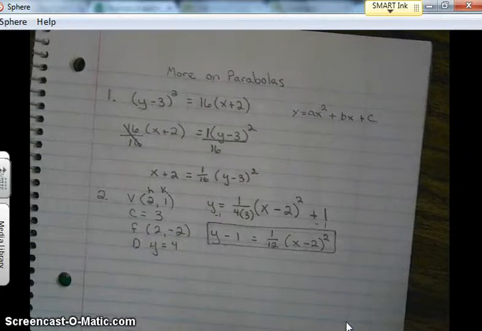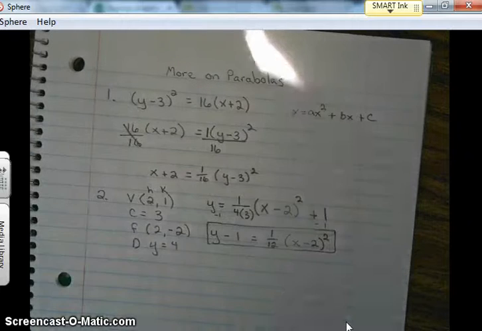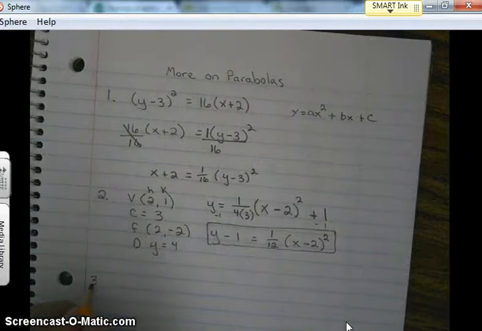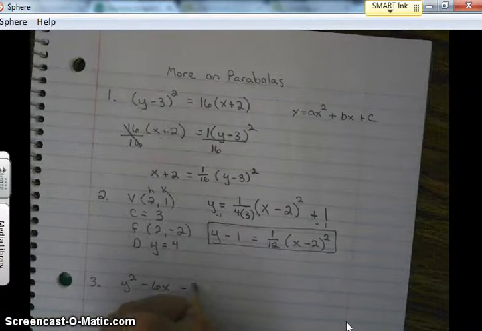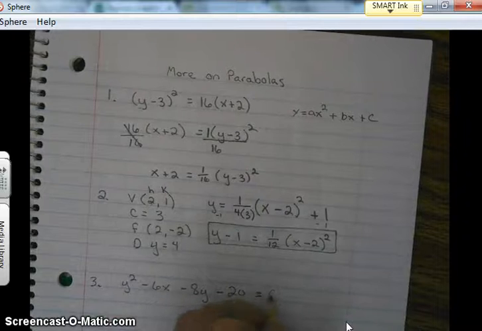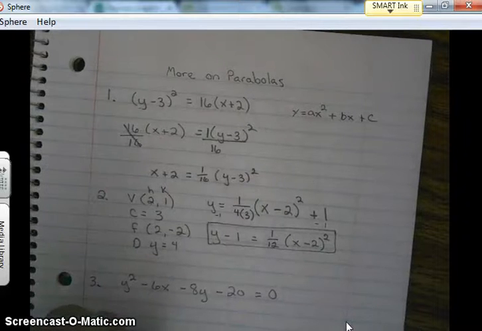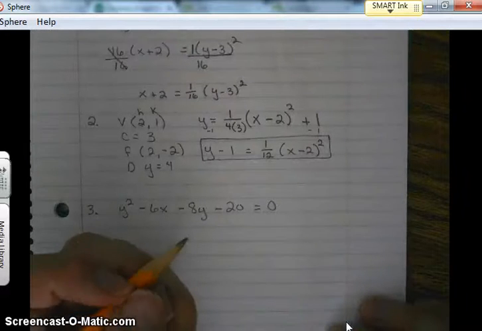Okay, let's take a look at the next problem. Number 3. I'm going to give you an equation, and I'm going to ask you to put it in standard form. What standard form?